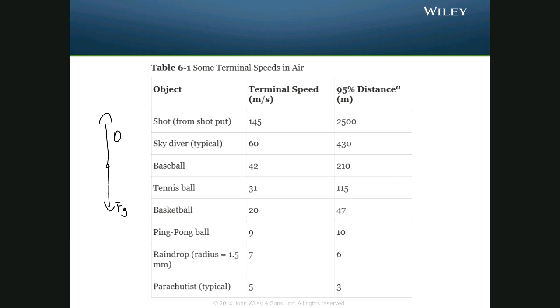So this object is falling down, and when you're at terminal velocity, you are falling at constant velocity, right? So when v equals vt, a_y net equals 0.